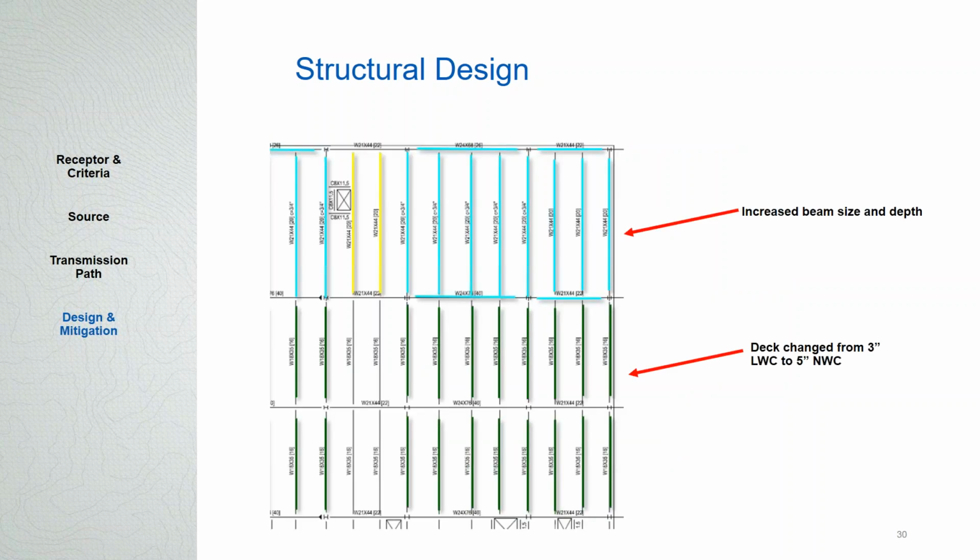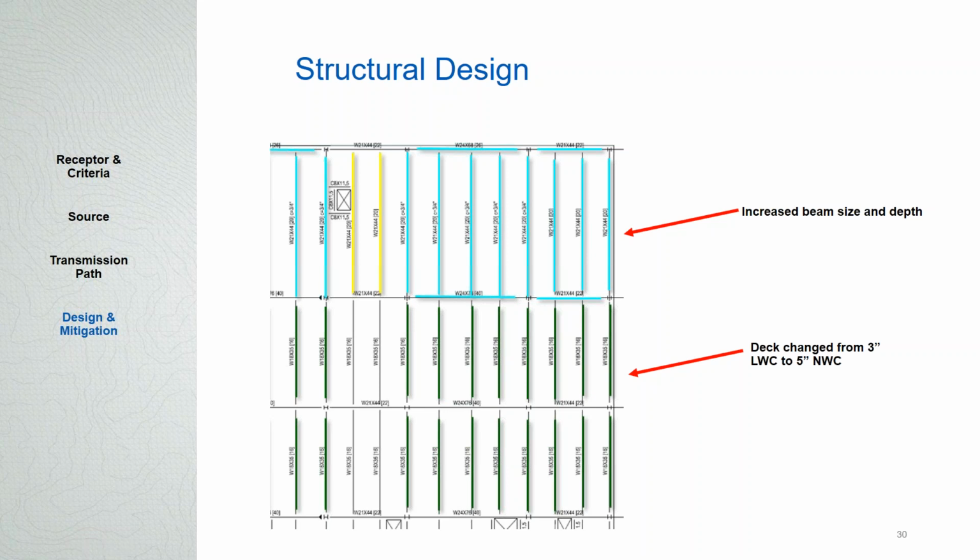And I think I have a slide here that's showing the sort of mitigation that was required in one example where there's basically a grid in the background here. You can see some of them with W18, so this is an American job, of course. Steel sections are here, and then all these colored lines correspond to changes we had to make to the design to accommodate the vibration performance that was required.